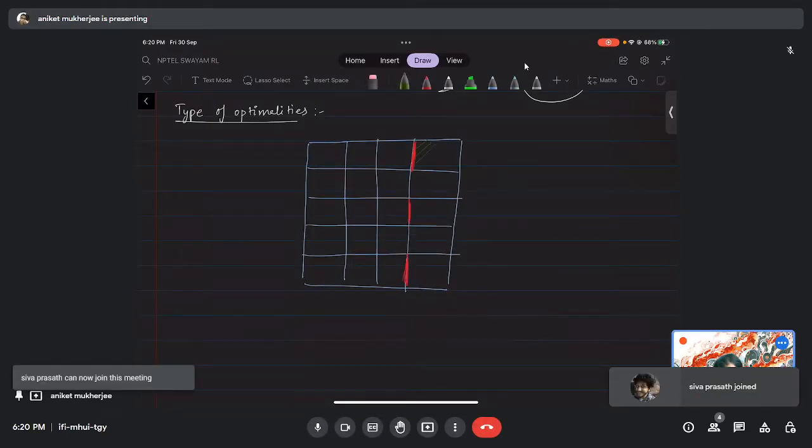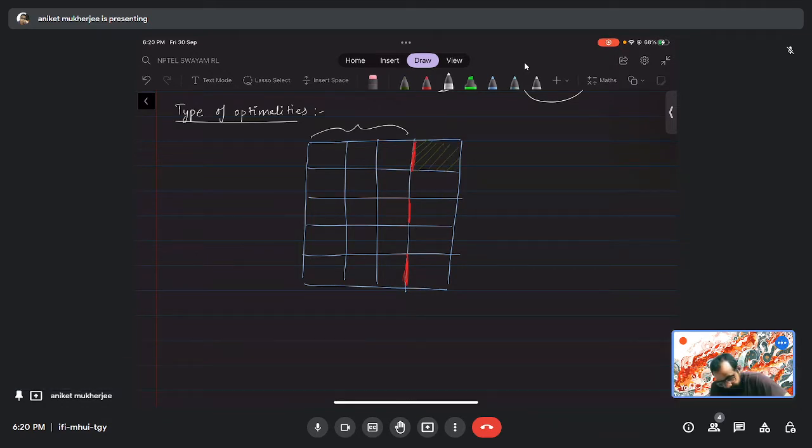So here is your board. This is your room 1 and this is your room 2. Now, as previously, your original problem is to reach the goal.